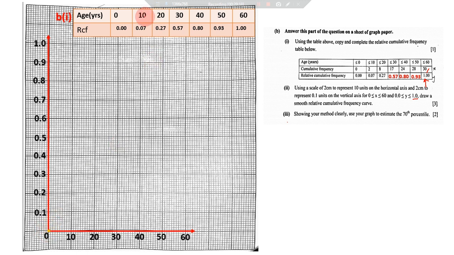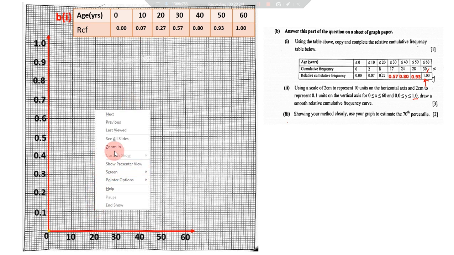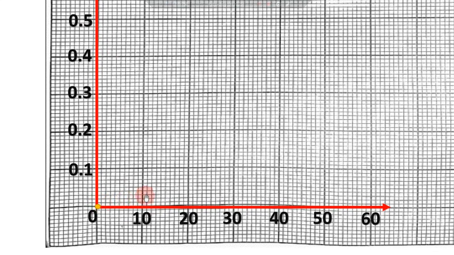Then the next one is 10, 0.07. Here, I want you to pay particular attention. Let me just zoom in a bit. How do you find 0.07 on the Y axis? 10 on the X axis is very easy. This is the 10. You need to divide 0.1 by 10 lines.